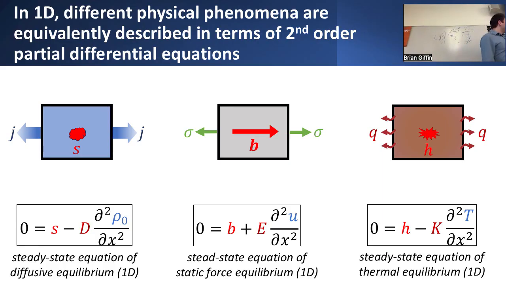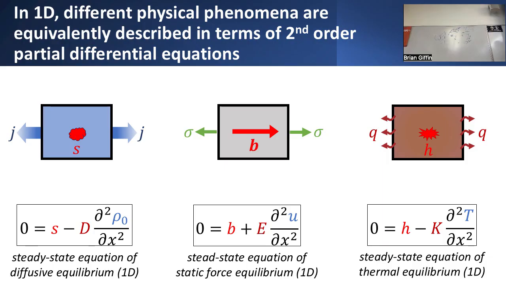Under steady state conditions, they all have to be equal to zero. And they all involve maybe some kind of local source term. And also they involve some second partial derivative with respect to spatial position x, relating to some particular unknown solution field, either mass density, displacement, or temperature, and depending also on some material constants that tell us exactly how fast mass gets transported through the material, or how stiff the material is, expressed through Young's modulus, in fact.